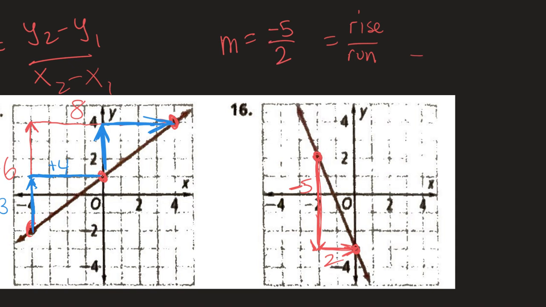If I had something like negative 2 and 1/2, what does that tell me? Do I go down 2 and up 1 and to the right 2? Or like, how do I do that? So we don't use that when we're talking about slopes. It's okay if it's improper. It's usually a simplified improper fraction. So there is slope when we have a graph.